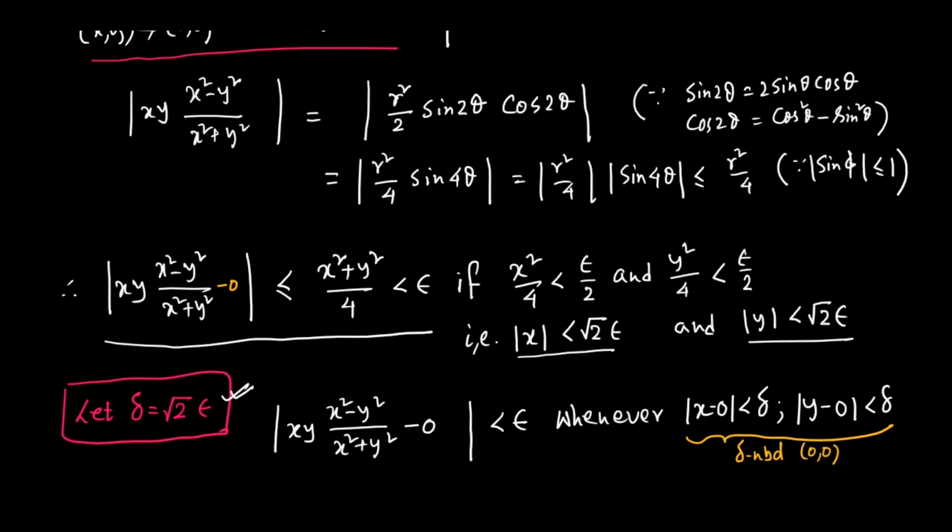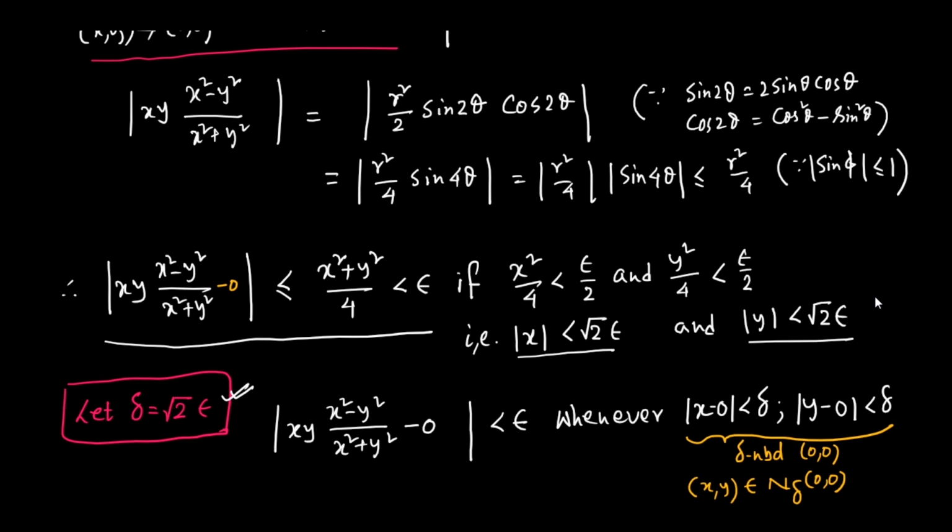Here my a, b is 0, 0 for this particular problem, and this inequality further represents that xy belongs to N delta (0, 0), if we represent this square neighborhood by the symbol N suffix delta (0, 0). N means neighborhood, and delta is the parameter on which the area of this neighborhood depends. That's why I've written delta. Here it is a square where each of the sides will be 2 delta, around 0, 0.